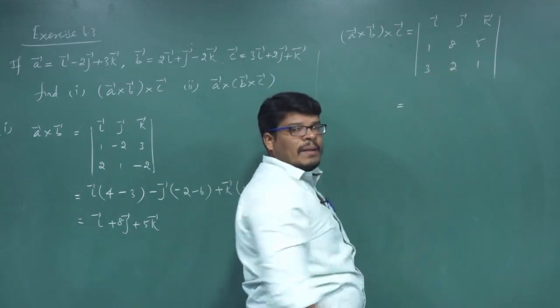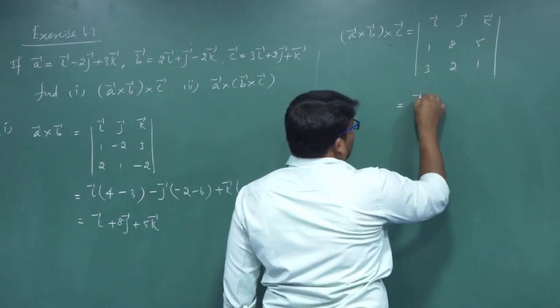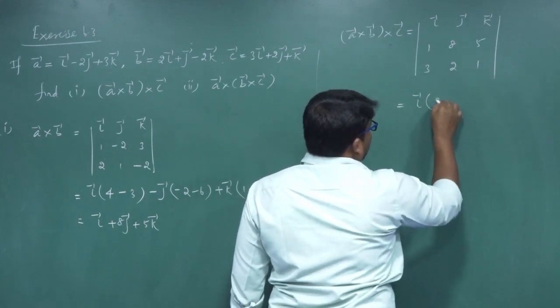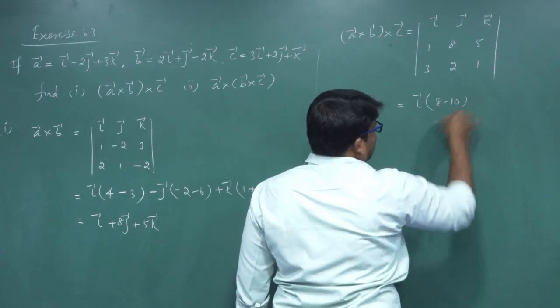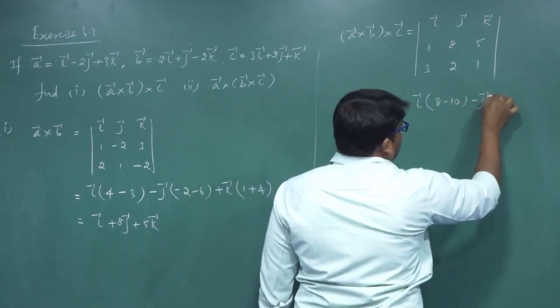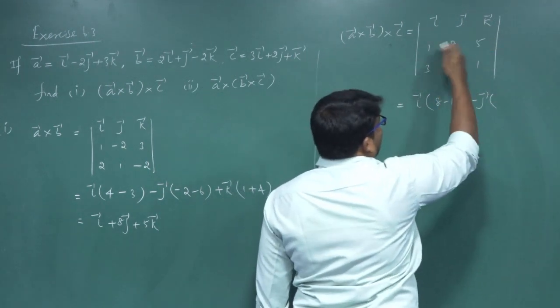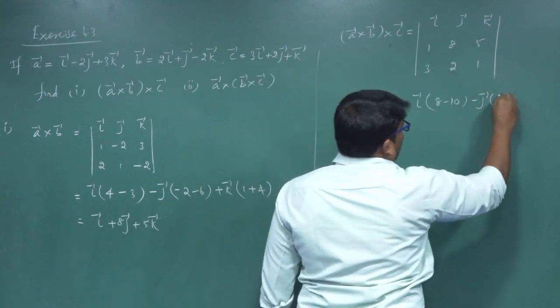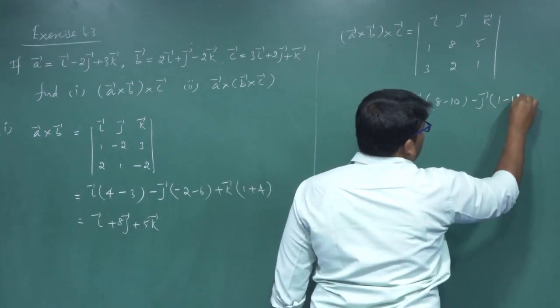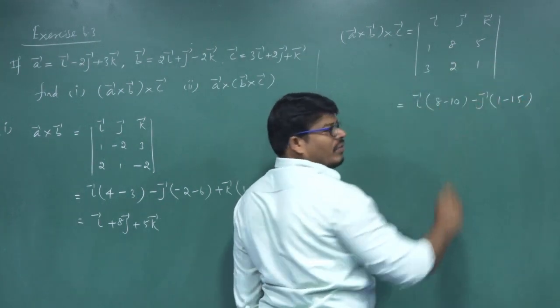Now expanding the determinant: i vector into 8 times 1 is 8, 5 times 2 is 10, so 8 minus 10. Next, minus j element, eliminating the column and row, getting the minor matrix: 1 times 1 is 1, minus 15, 5 times 3 is 15.